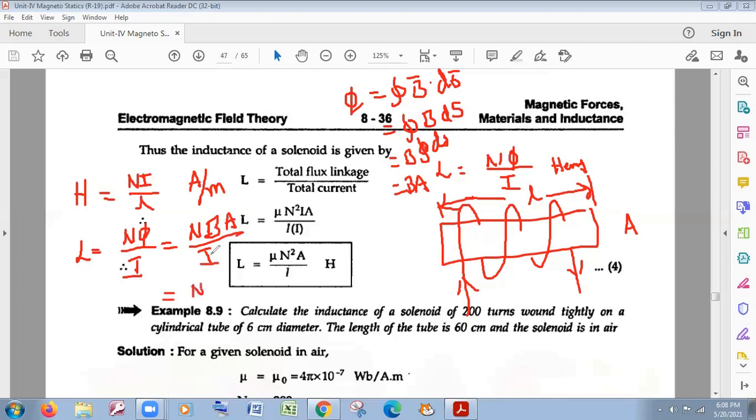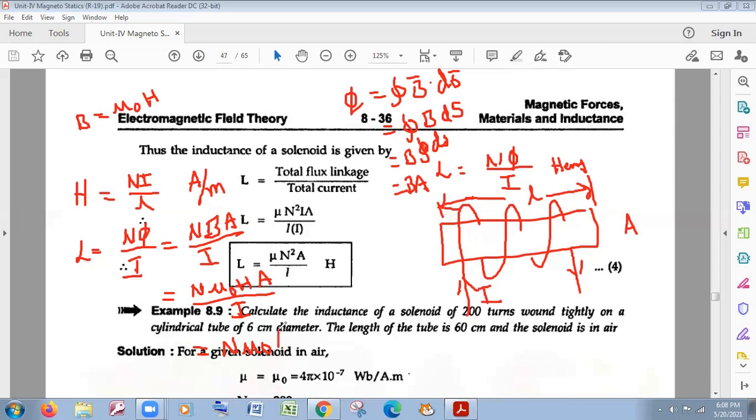What is B in terms of H? B is equal to mu into H. Now I am substituting B as mu H A by I. That is equal to N into mu into H, where H is NI by l, the magnetic field in the solenoid, l the length of the solenoid, I the current passing, and N the number of turns.